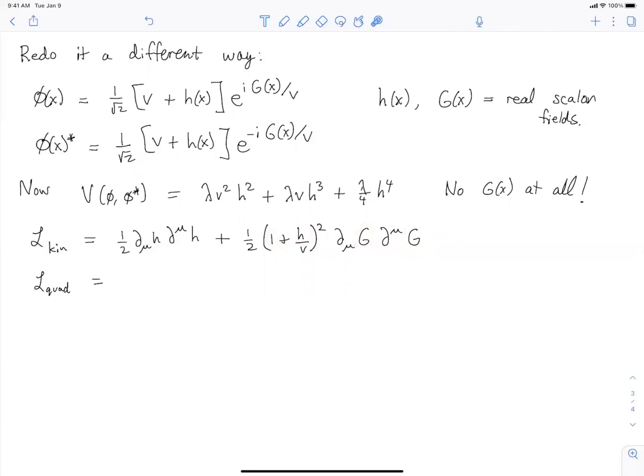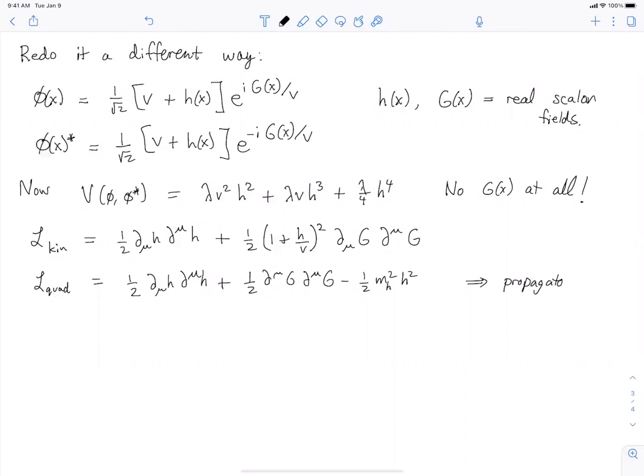So the quadratic part of the Lagrangian just looks like this. 1/2 partial mu h partial mu h plus 1/2 partial mu g partial mu g minus 1/2 mh squared h squared. And that's the part of the Lagrangian, because it's quadratic, that's going to give us our propagators.